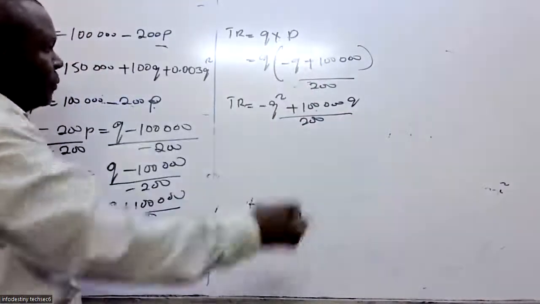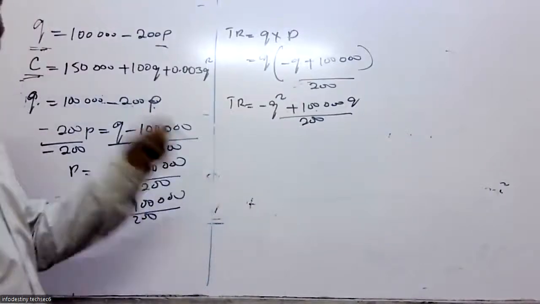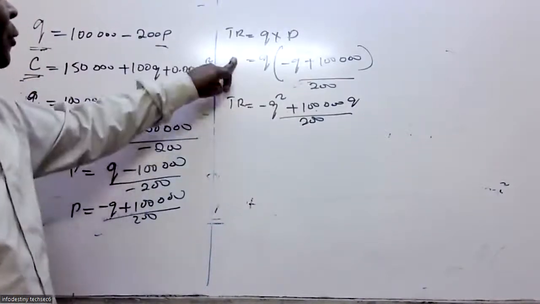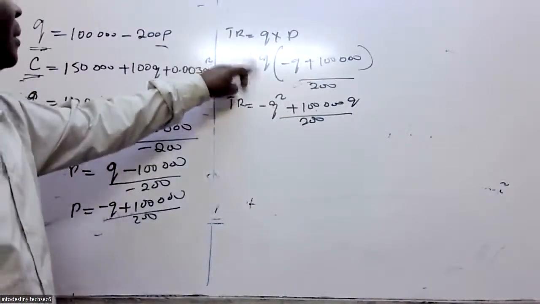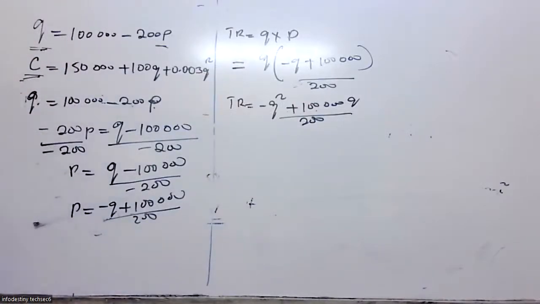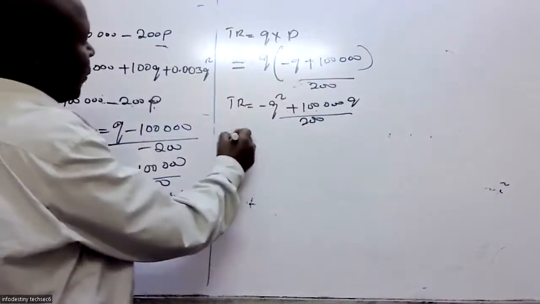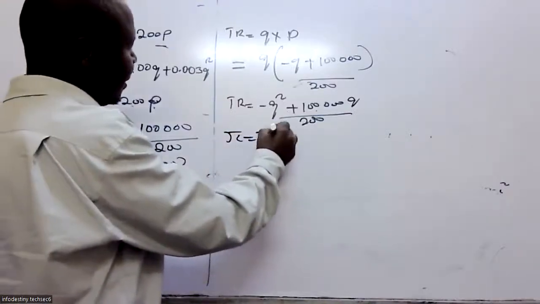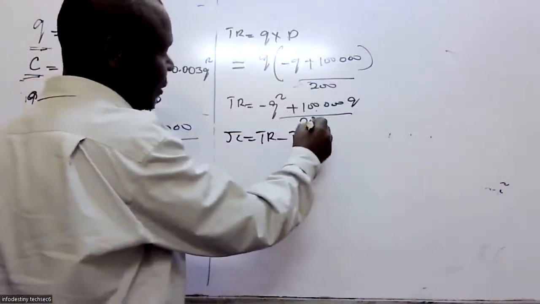We multiply this one, then we get the profit. Profit will be equal to TR minus TC.